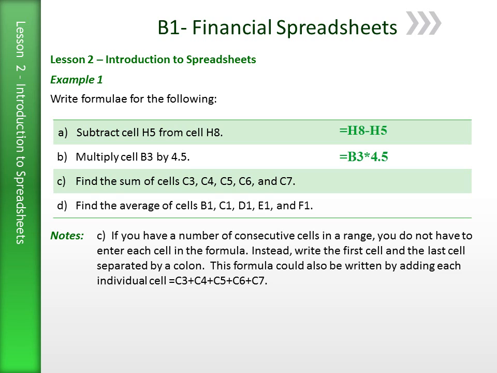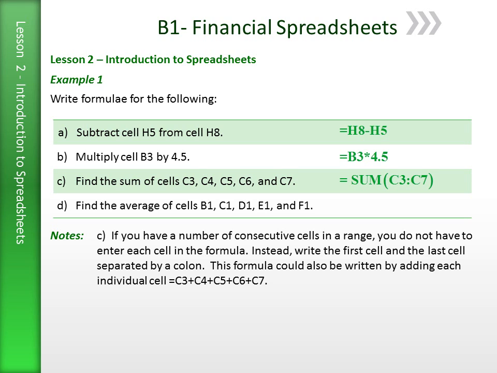C, find the sum of the cells C3, C4, C5, C6, and C7. We could do this in two different ways. We could do equals C3 plus C4 plus C5 plus C6 plus C7, or use the shortcut equals SUM, bracket, C3 colon C7, close bracket.